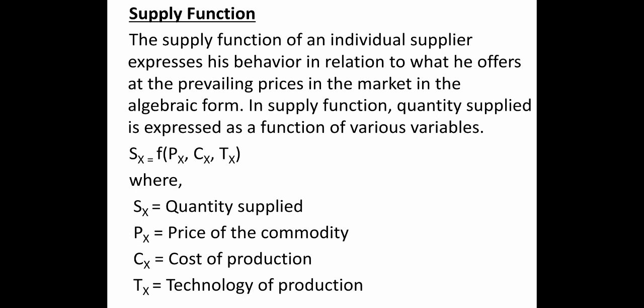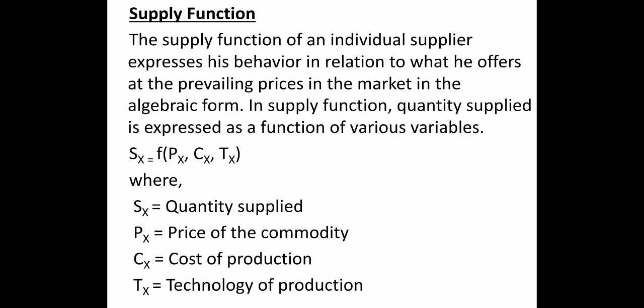The next thing we have up here is the supply function. The supply function is simply a mathematical expression of the relationship between the quantity supplied and those factors that affect the willingness and ability of a supplier to offer a good for sale.